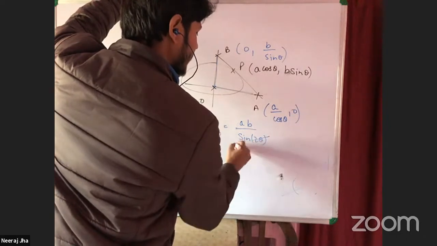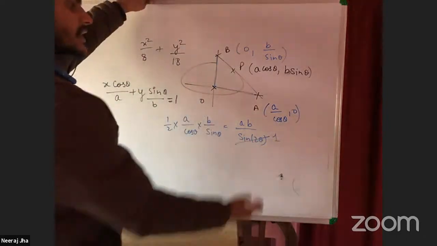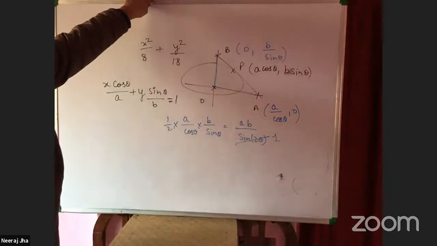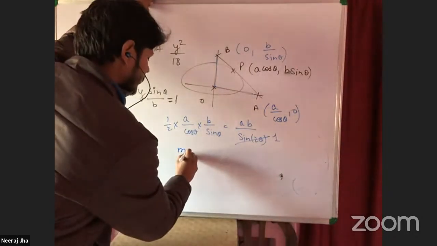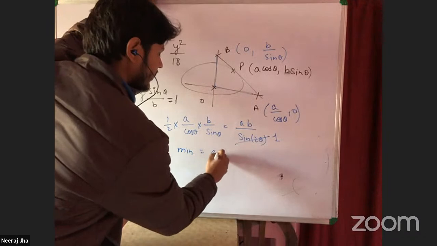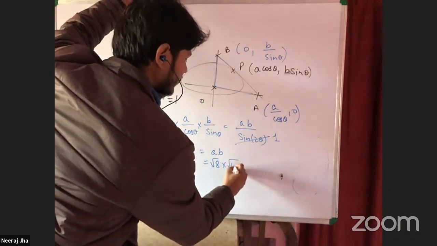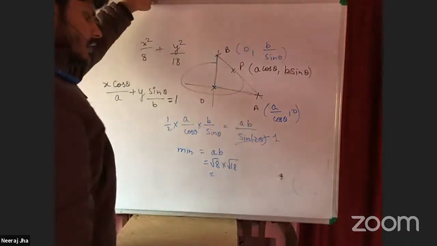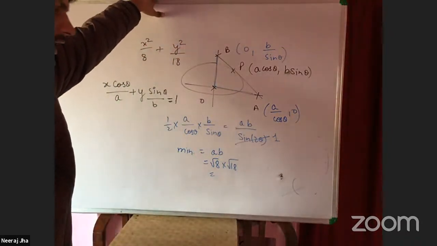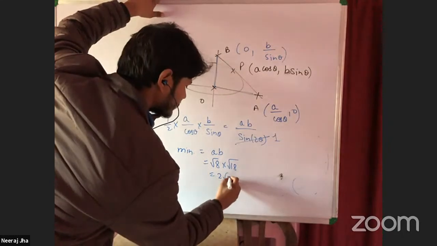This will be minimum if sin 2 theta is equal to 1, which it can be when theta is pi by 4. That means minimum area is equal to a into b, which is root 8 into root 18. Root 8 is 2 root 2 and this is 3 root 2.